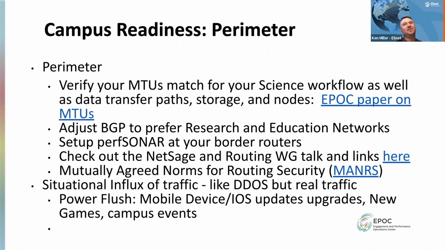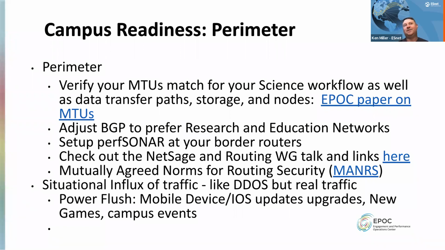Something else at the perimeter is sometimes you have what looks like a major transfer coming in or a lot of traffic all of a sudden, and you're not really sure what it is. Some people right away think, oh, it's a DDoS attack, but really, another colleague of mine called it the power flush. So if you're in a hotel and everyone just flushes the toilet all at the same time, what really happens? The same kind of thing happens here when mobile device or iOS updates happen.